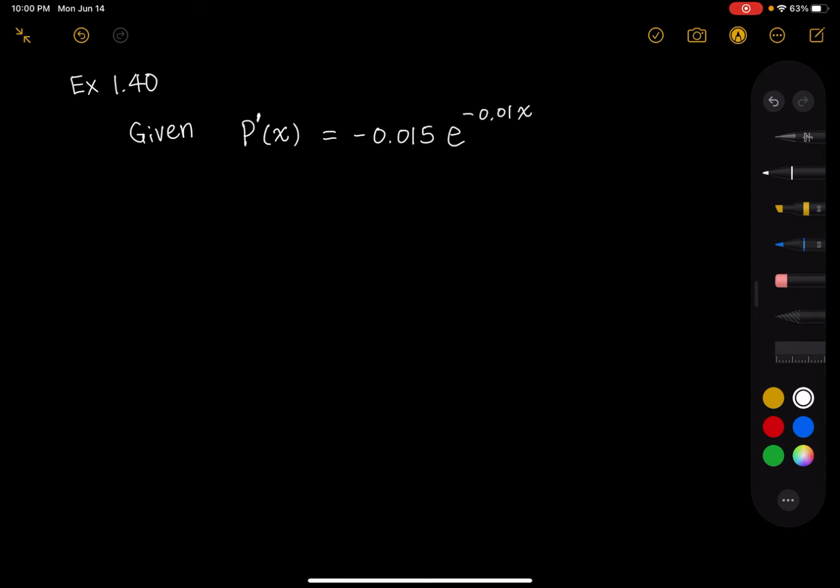Example 1.40. Finding a price-demand equation for a particular brand of toothpaste.